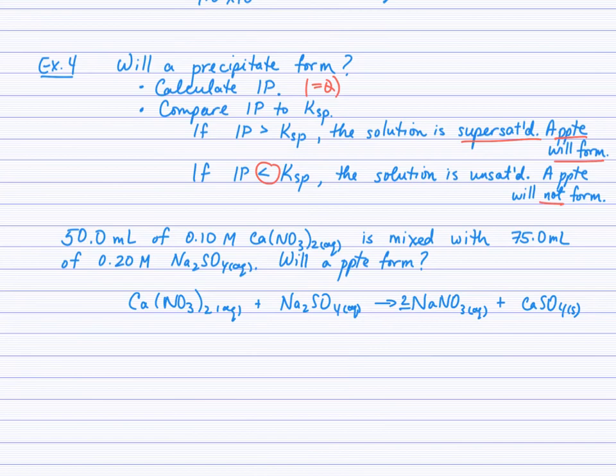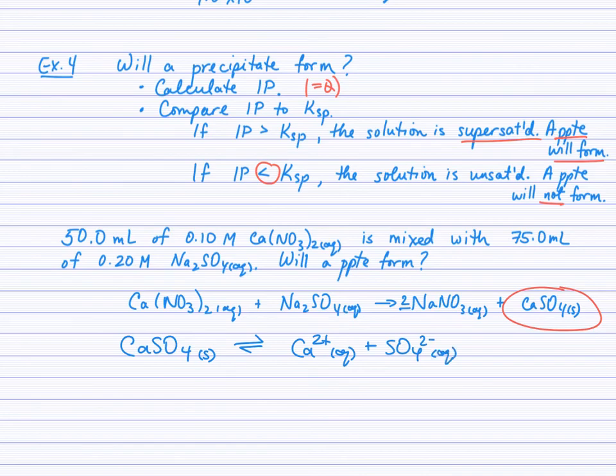Okay, so we can see that calcium sulfate is the potential low solubility product here. And so we key in on the calcium sulfate for our equilibrium system. The question is, will a precipitate of calcium sulfate form? So we write our equilibrium system with our solid in equilibrium with the ions and set up our ice table. You can also look up the KSP of calcium sulfate. We'll be needing that later.